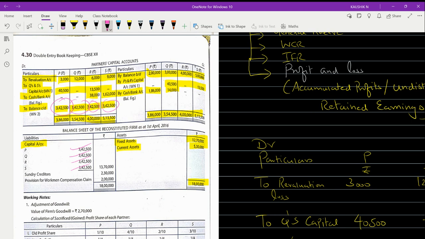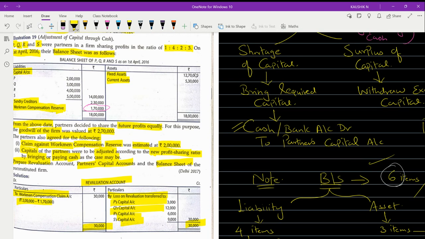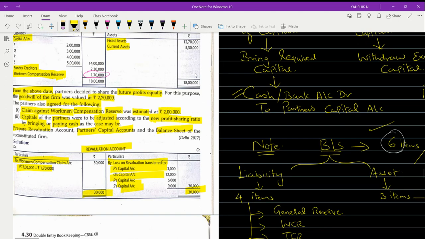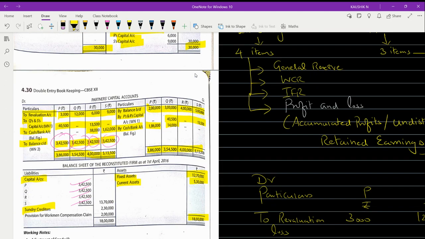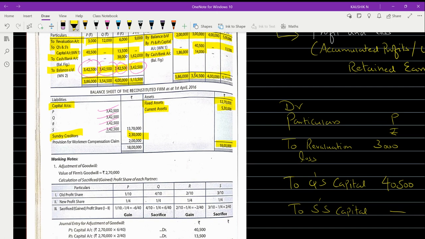And then you are also bringing the value of your sundry creditors from the old balance sheet. The old balance sheet shows sundry creditors as rupees 2 lakh 30,000. The same value is going to exist even now, 2 lakh 30,000. And then you have created a liability, that is there is a claim which comes to 2 lakh rupees. So that 2 lakh rupees claim you have to bring into the picture.